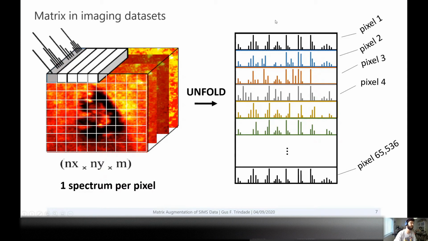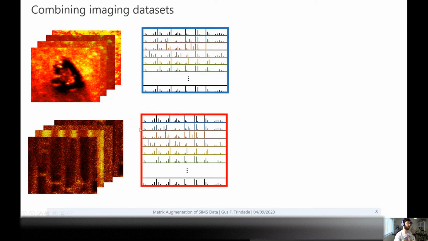So once we do this, we go back to exactly the same situation, but now instead of having samples in the rows, we have pixels of this imaging data set. And typically it will be very large, right? If you have 256 by 256 pixels, you have 65,000 rows, pixels in total. So if we have 2 imaging data sets from different samples that are somehow related, and you want to process them together, we can just do the unfolding for each of those.